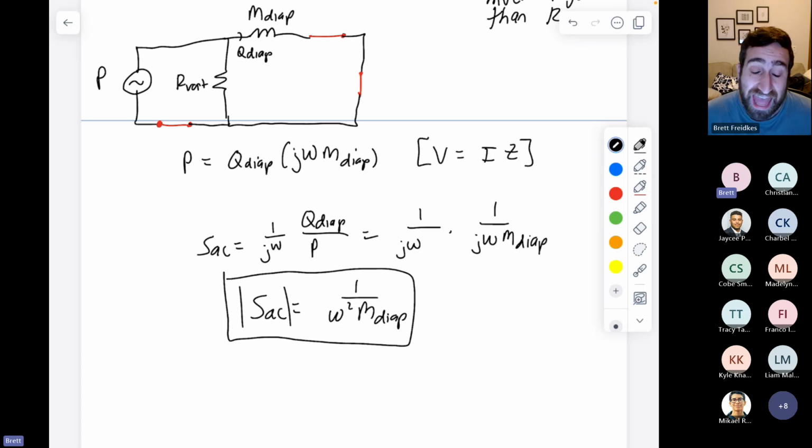And we see that at higher frequencies, we have a much greater dependence on omega. It's this omega squared term. If you've taken controls before and you've drawn Bode plots, if you have something like a pole squared, you drop at negative 40 decibels per decade or something along those lines.